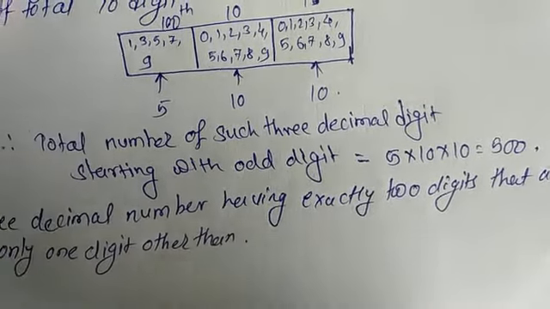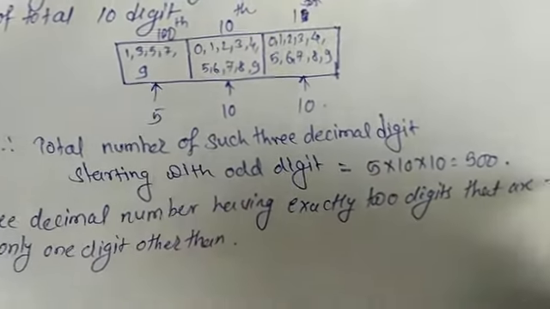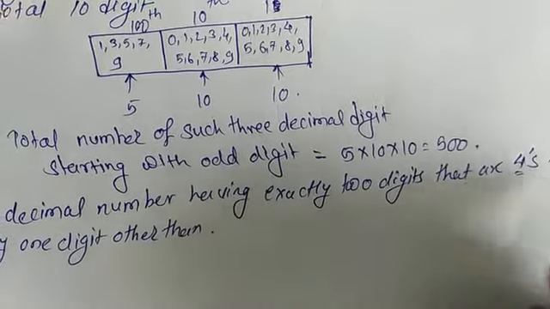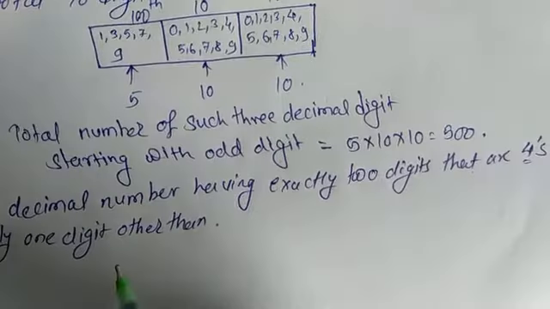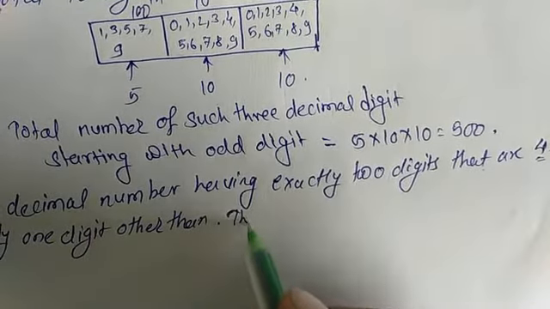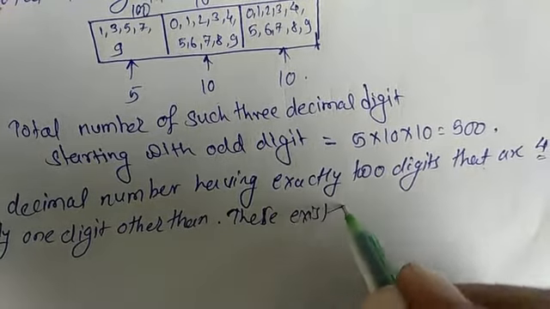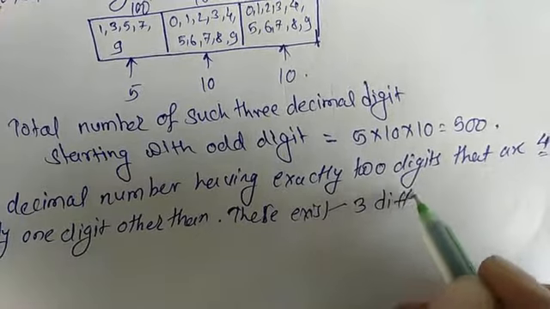Okay, that means in 3 digits, if there are two 4s, then there is only one digit remaining. Therefore there exist 3 different cases.